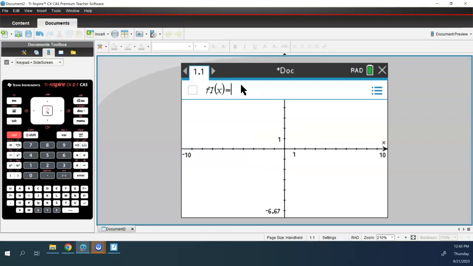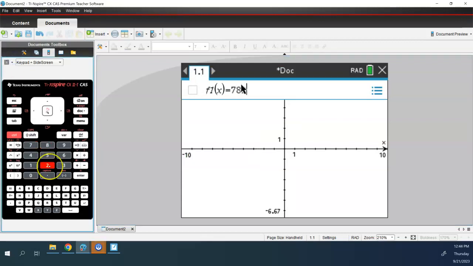If I graph this scenario, I would have 782 times 1.0136 raised to the x, I've got to switch it to an x here because I'm in a function of x, not a function of t. When I hit enter, I don't see it.